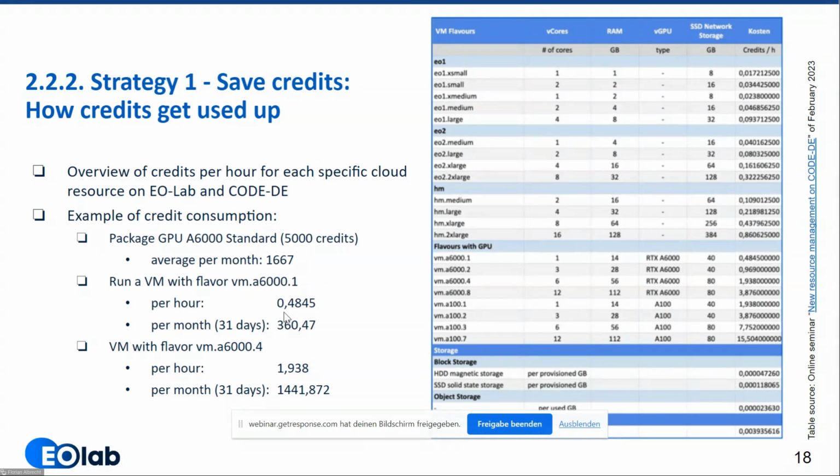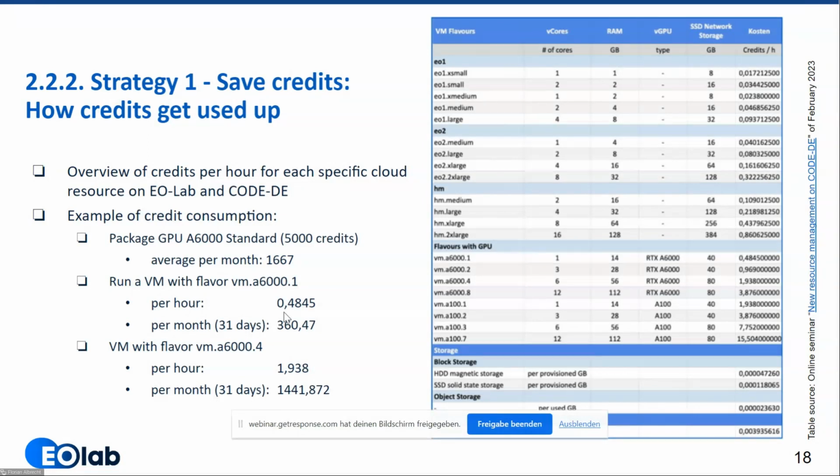I include a table here that shows you the amount of credits that are used up per hour for each of the different types of virtual machines.